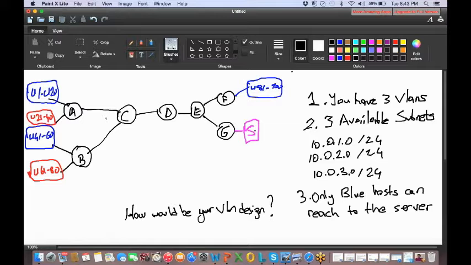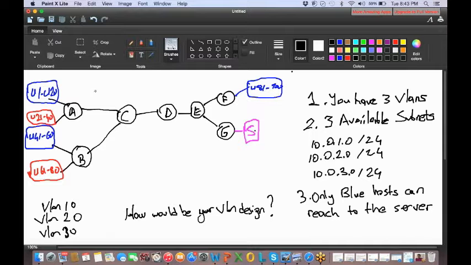Based on your VLAN design, you have three VLANs, like VLAN 10, VLAN 20, and VLAN 30, and the goal is to make just the blue users reachable to the server, not the red ones, and that's it. So let's think about it.